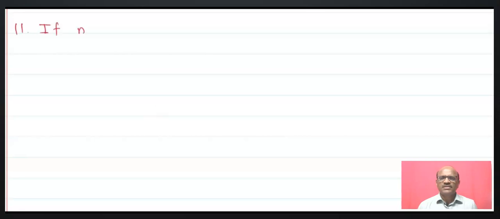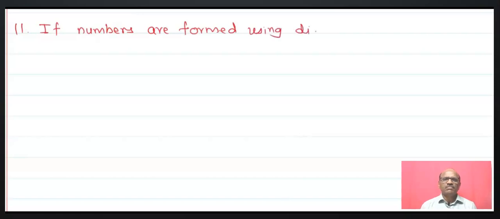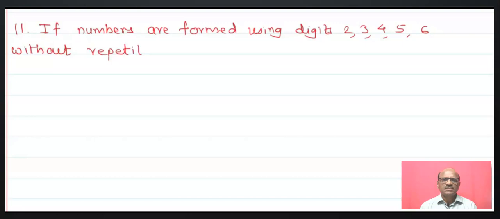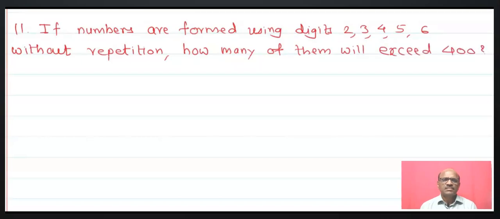Now the question number 11. If numbers are formed using digits 2, 3, 4, 5, 6 without repetition, how many of them will exceed 400?